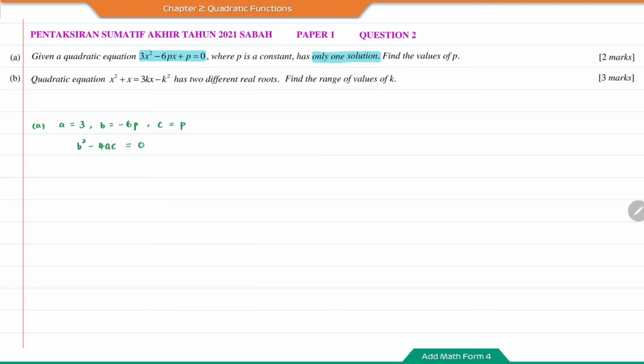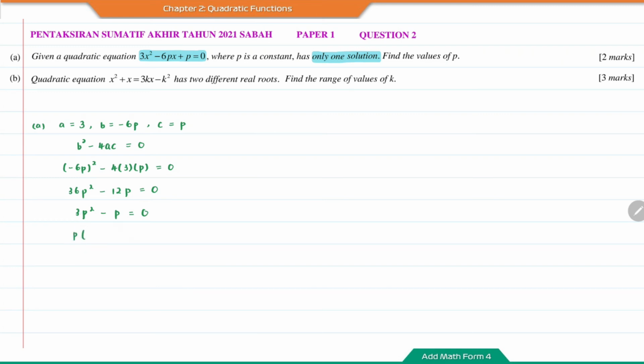So now we're just going to substitute the a, b, and c into here. The b is going to be bracket negative 6p squared minus 4, the a is 3, and the c is p. So negative 6p, when we square it, we're going to have 36p squared minus 12p equal to 0. Next, I'm going to divide each term by 12. 36 divided by 12 gives 3p squared, minus 12p divided by 12 is just p. Now I have a common factor of p, therefore I can factorize it.